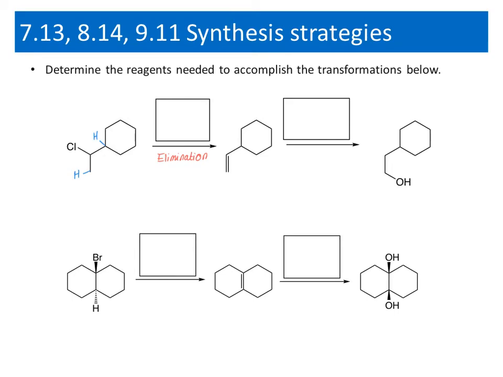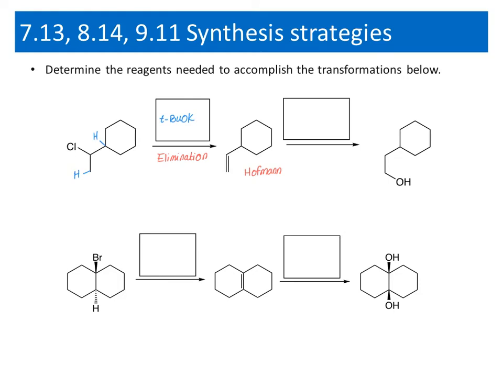So the product that I have is a Hofmann product. Now, if you remember, in order to form the Hofmann product, we need to use a bulky base, such as tertiary butoxide.